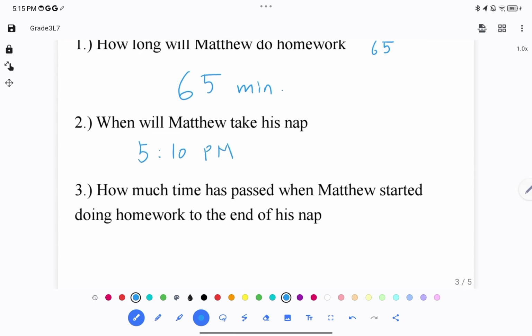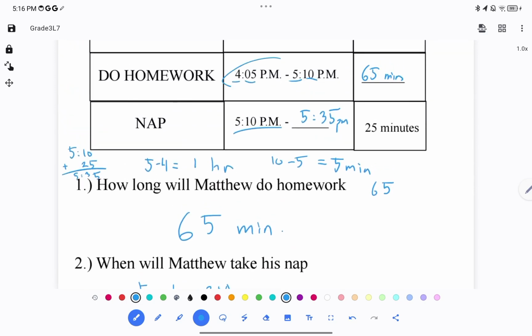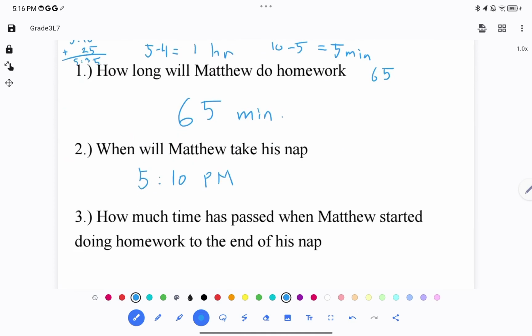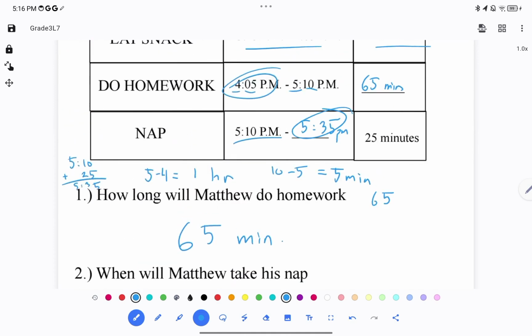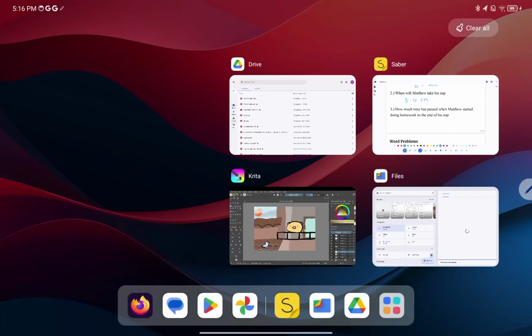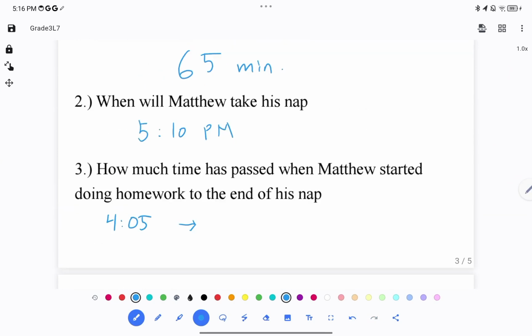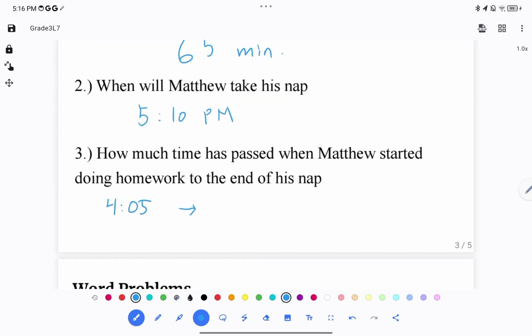How much time has passed from when Matthew started doing homework to the end of his nap? That's from 4:05 to 5:35.